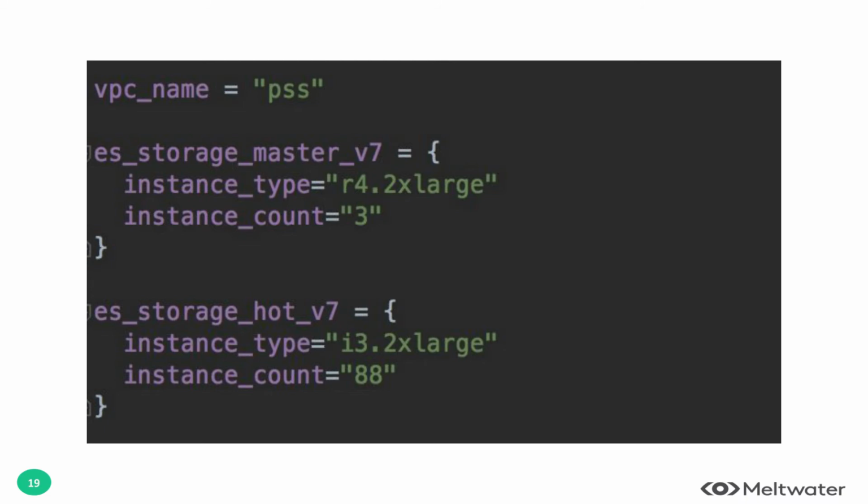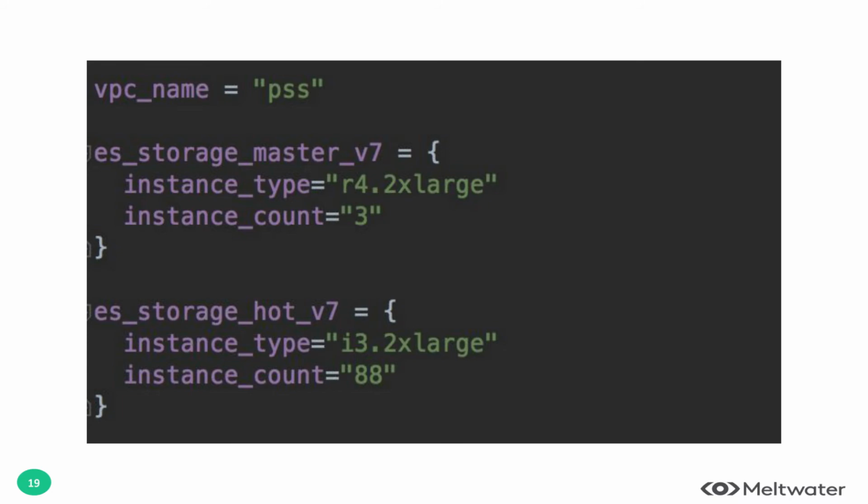And you can also see that we have this ES storage hot, which is our data nodes. We started off thinking that we would have 2 different types of data nodes. We would have hot, we would have cold. We will only have hot, so now everyone is hot. And the instance type we run is the new fancy i3 2x large. And we have a problem with that because Amazon is a bit slow distributing those to all the availability zones.